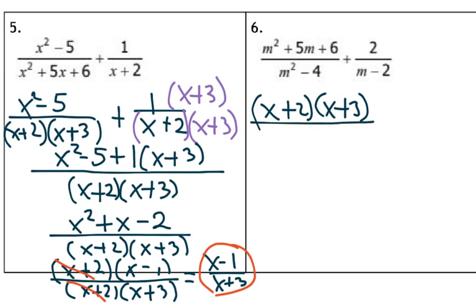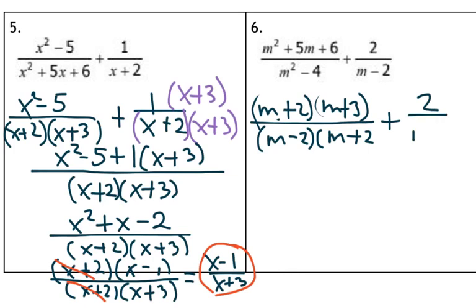Oh, I'm using x instead of m, let me fix that. And then m squared minus 4 is the difference of two squares, so we can factor it to be m minus 2 and m plus 2. And then we are adding 2 over m minus 2.